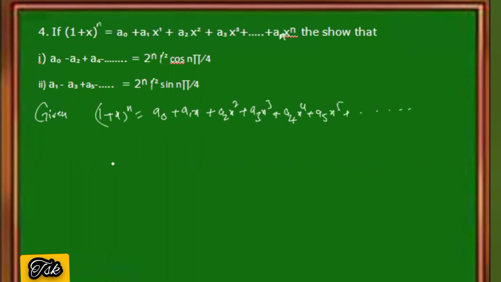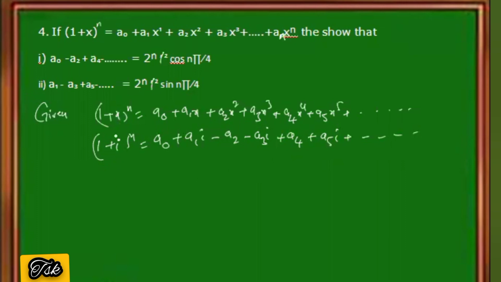When you consider x is equal to i, what happens? 1 plus i whole to the power of n is a naught plus a1 i, i square is minus 1, so minus a2, i cubed is minus i, a3, i power 4 is 1, a4, plus a5 i, and so on.